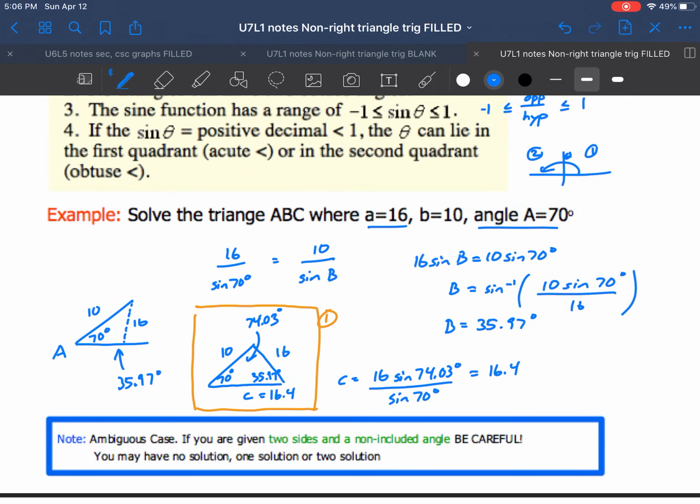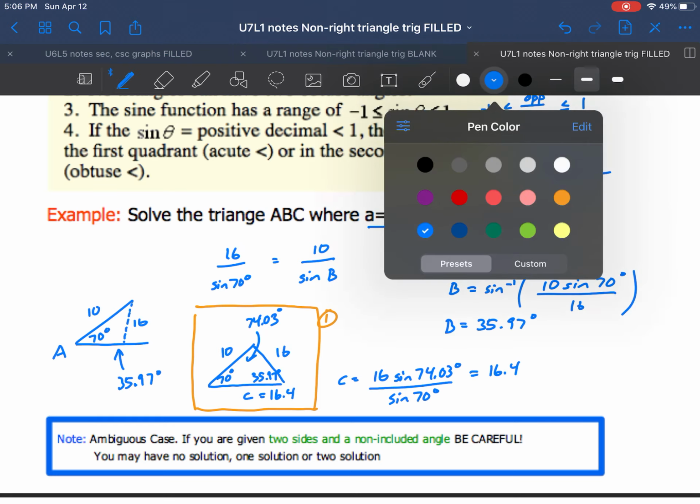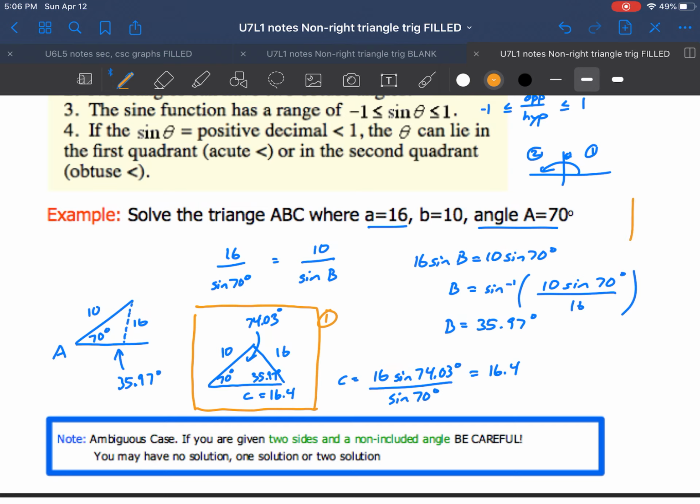Here's the thing. When we got this answer here, there's actually another angle that B could be. If I draw this out, 35.97 is there.